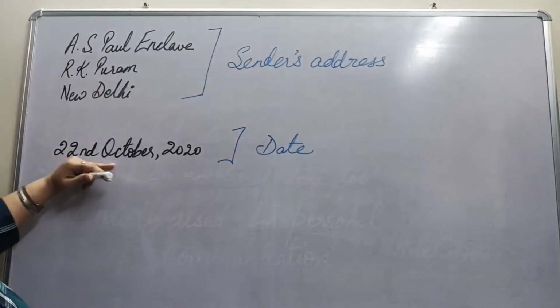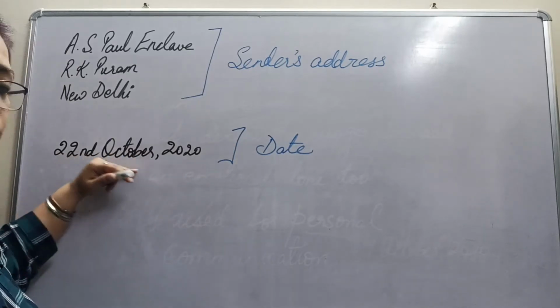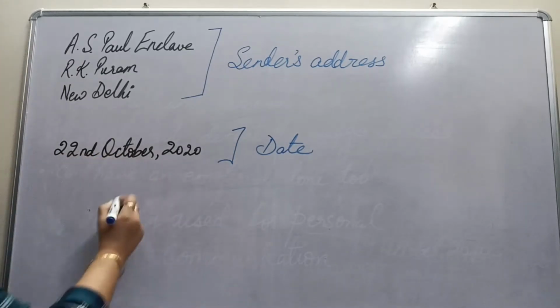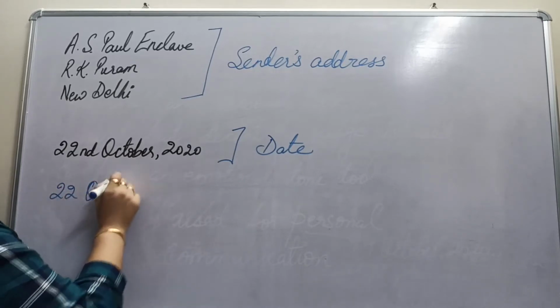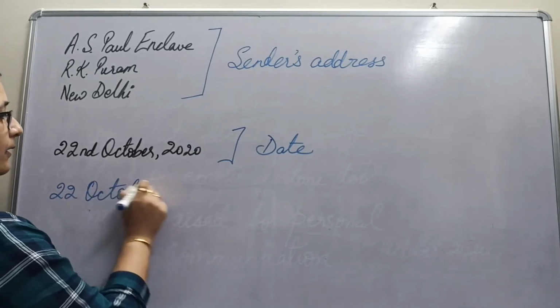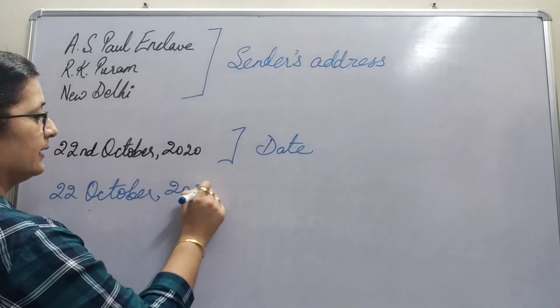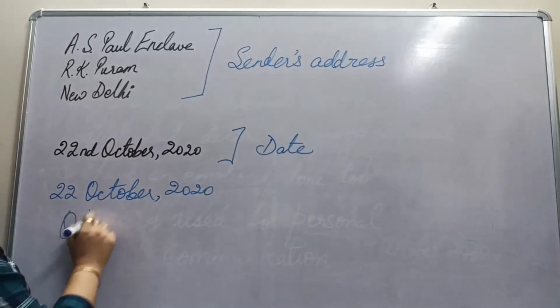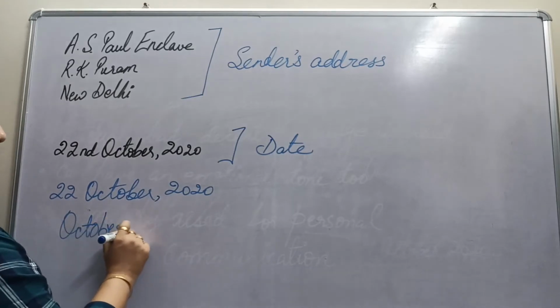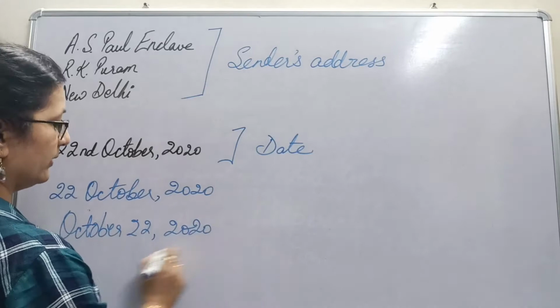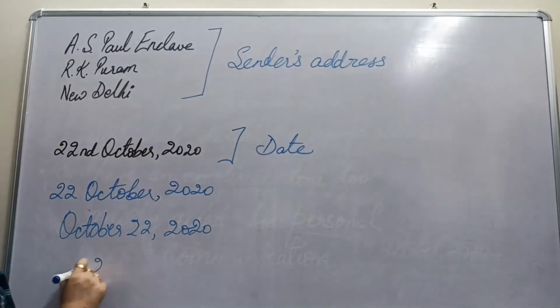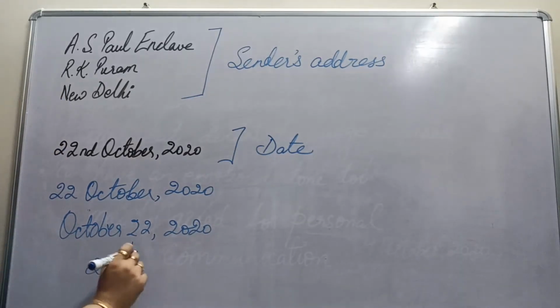The date can be written in this pattern, 22nd October 2020, or you can also write 22 October, comma 2020, or you can also write October 22, comma 2020. But you will not be writing something like this.